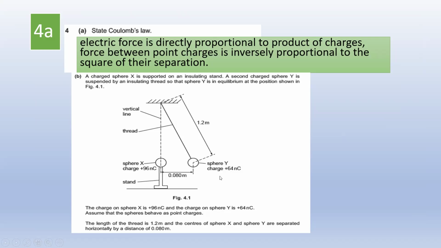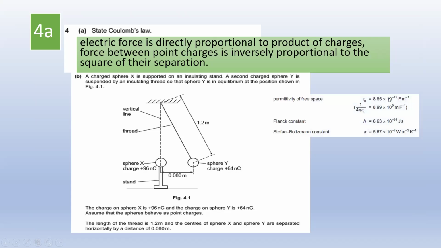Assume that the spheres behave as point charges. The length of the thread is 1.2 meter, and the centers of spheres X and Y are separated by a horizontal distance, given center to center. You can use either epsilon or 1 over 4 pi epsilon, which comes to about 9.